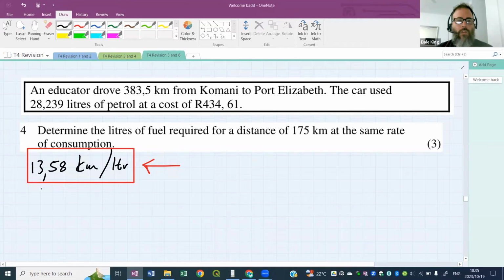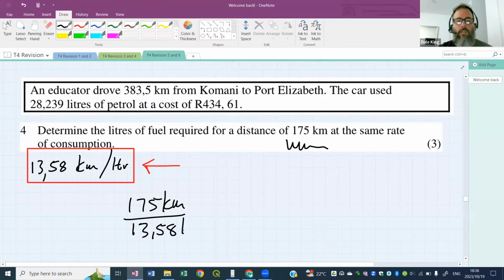So if we know that we can go 13.58 kilometers on a liter, what I want to know is how many 13.58 do I have in 175 kilometers? So what I can do is cut up the 175 kilometers into 13.58 pieces, because I know every single one of those 13.58s will give me a liter.